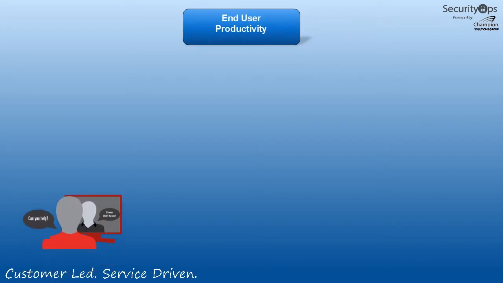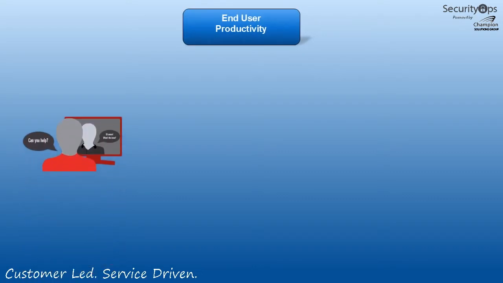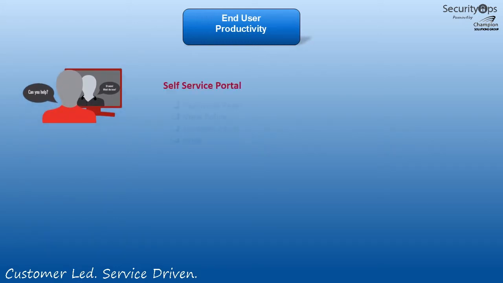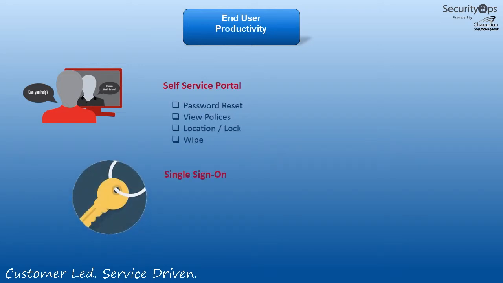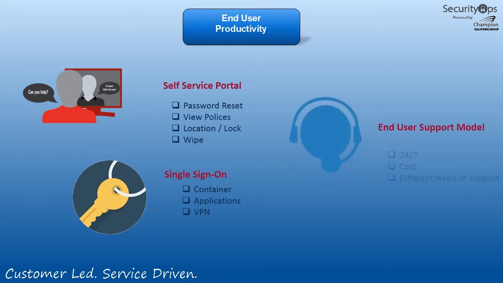How many times do you want help desk being disturbed by somebody needing to reset their password, or maybe locate or wipe their device if they think they lost it? Also, does the vendor support a single sign-on, so that the applications, VPN, and container can all be accessed from within their mobile device? And of course, lastly, from the MDM perspective, what is their support model? Make sure it's 24/7, and are there different levels of support before you buy your MDM solution?